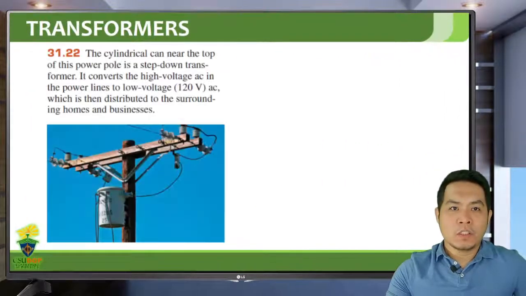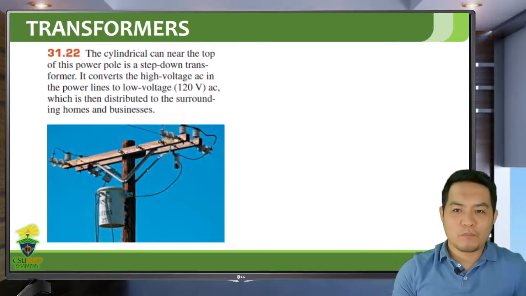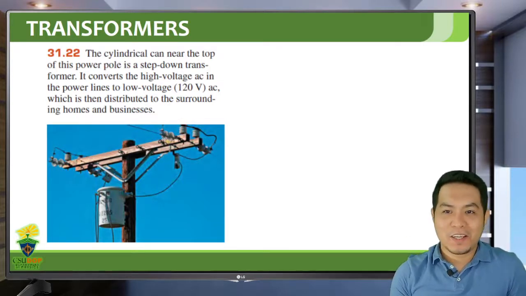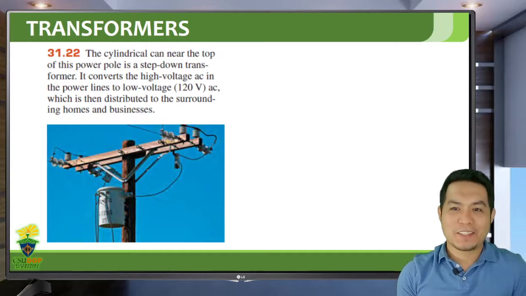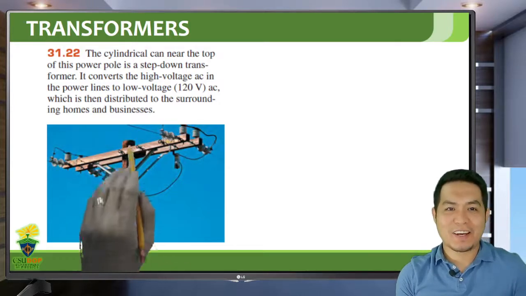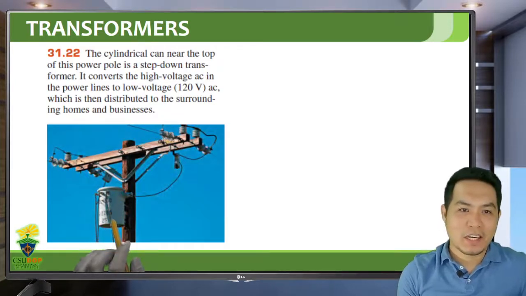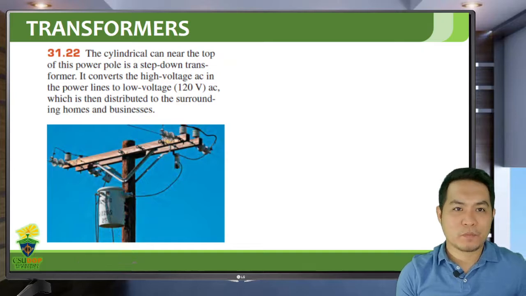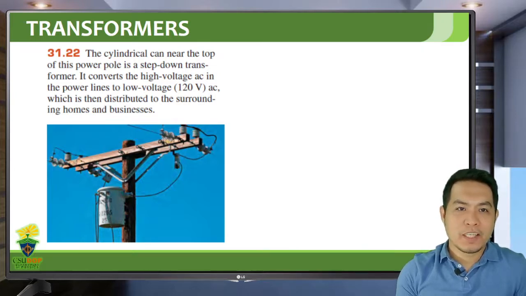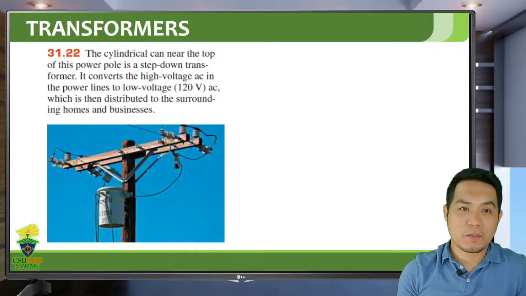Very commonly sighted outside your homes are these electrical posts with this large cylindrical can, and this is actually our transformer. In this case, this is a step-down transformer.